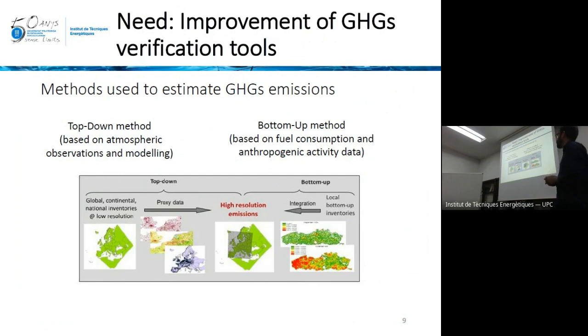First, there was the top-down methodology, which is getting the data from observations, from atmospheric stations, and using models to convert these atmospheric concentrations into emissions, based on national inventories with low resolution.